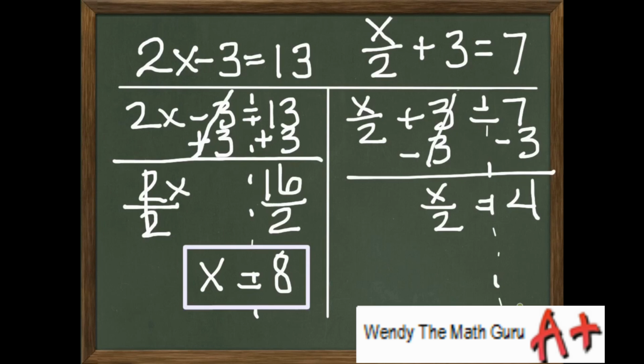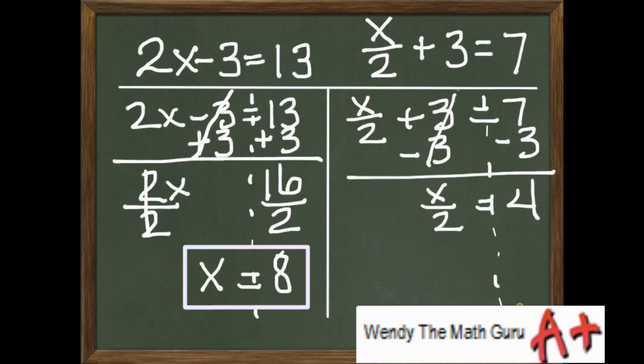So a lot of times students will make the mistake of dividing both sides by 2. So you really need to understand the properties of equality and what you need to create, which is a multiplicative inverse to get x by itself, to do this problem correctly. So that's one of the reasons why it's so important to know the properties of equality and to use them, and to use multiplicative and additive inverses.